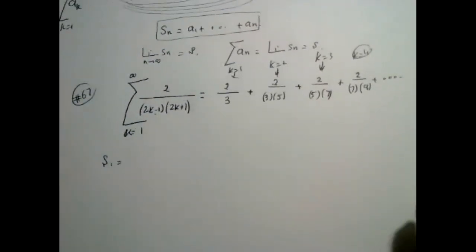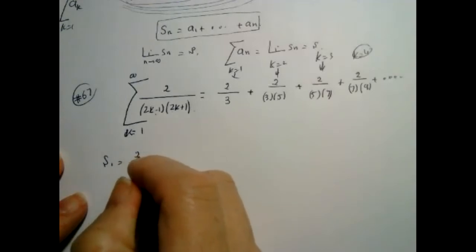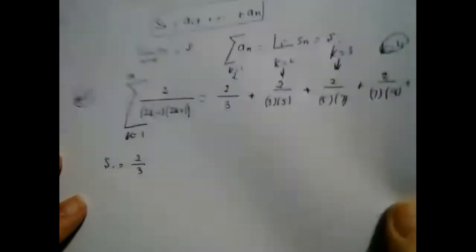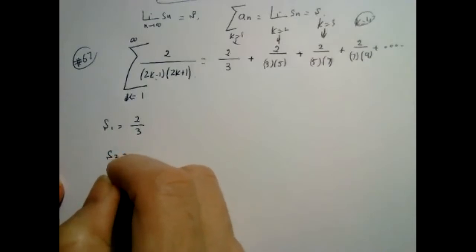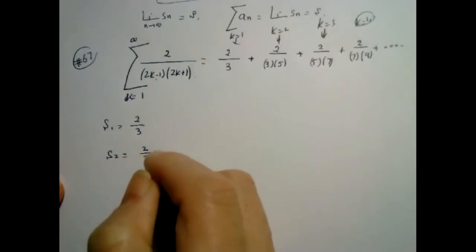What does this mean? We're going to compute the partial sums. The first term is 2 over 3. Then I'm going to compute the sum of the first two terms.